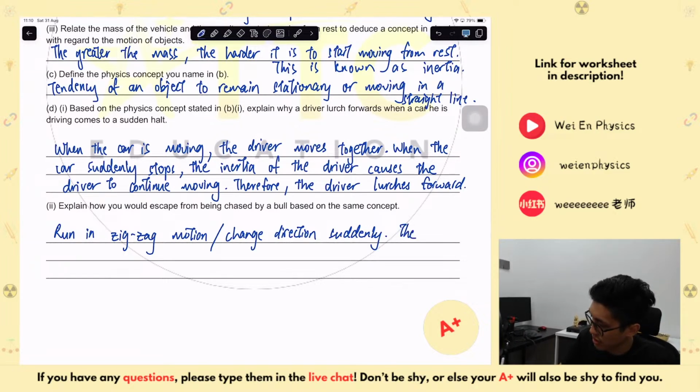So why? Because the bull has greater mass, or more mass than a human.